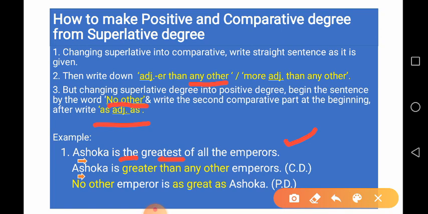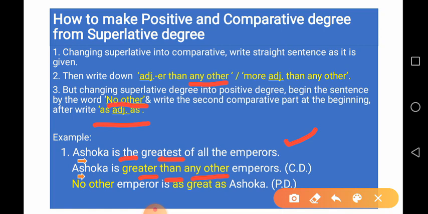Now, you can make a comparative of this. While making comparative, greatest in comparative degree is greater. After that we use than, and next we add any other to the sentence while making comparative.